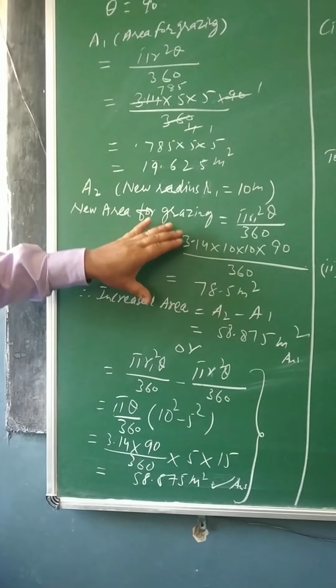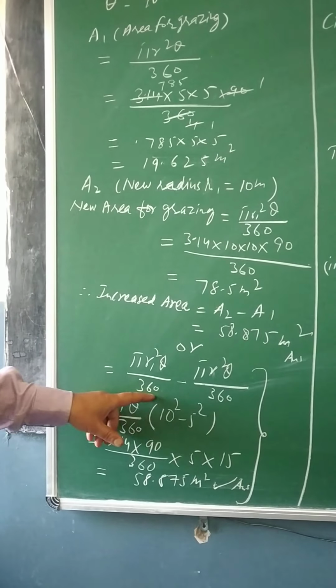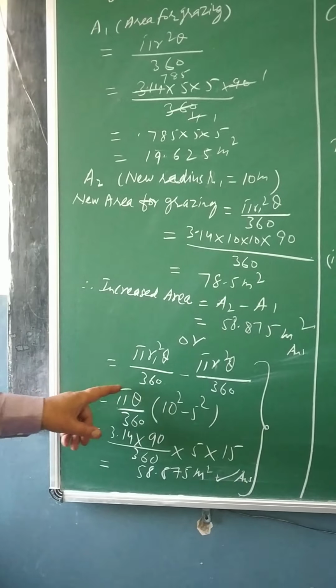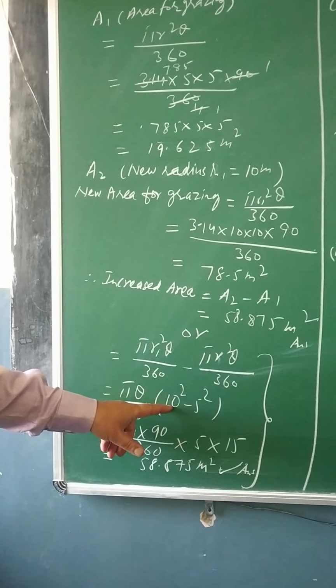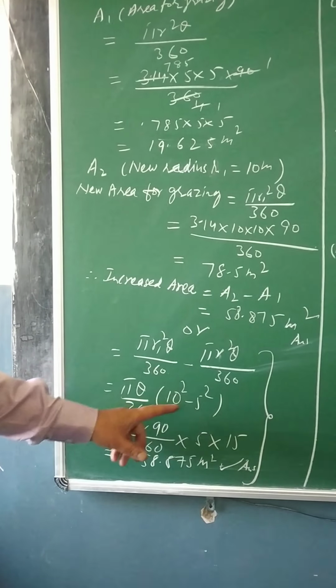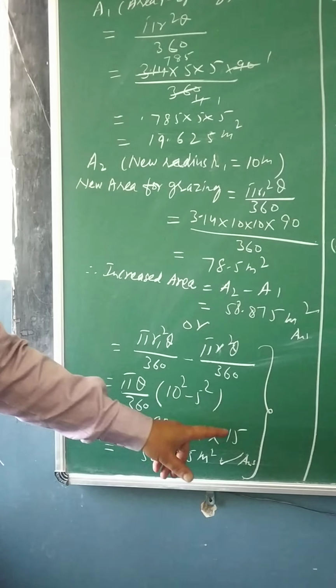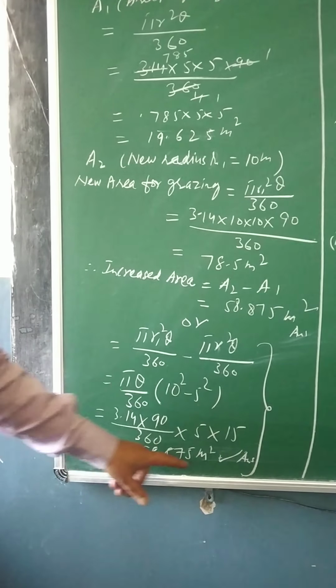Instead of doing this much work, you write the equation pi r1 square theta upon 360 minus pi r square theta upon 360. Now pi theta upon 360 you can take common. Inside the bracket, the second radius is 10, the first is 5. A square minus b square, a minus b is 5, a plus b is 15. And then put these values there and do the calculation.